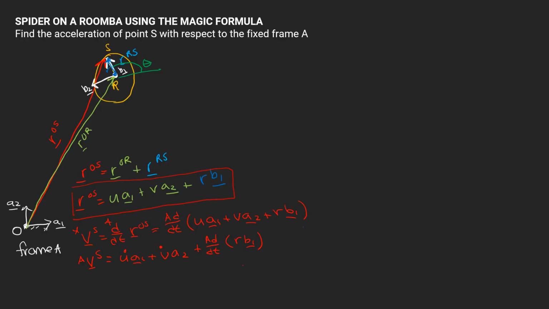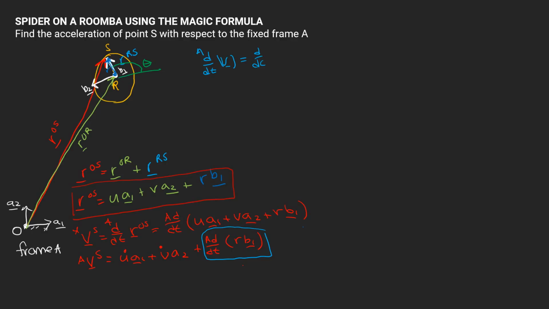Right, so now we have to take the derivative of this term, which used to be tricky, right? We had to substitute the relationship between B1 and the A1 and A2 unit vectors, but now we can simply use our magic formula, which again is d/dt of a vector that's written in the unit vectors of B. If you're taking the time derivative in frame A, it's going to equal the following.